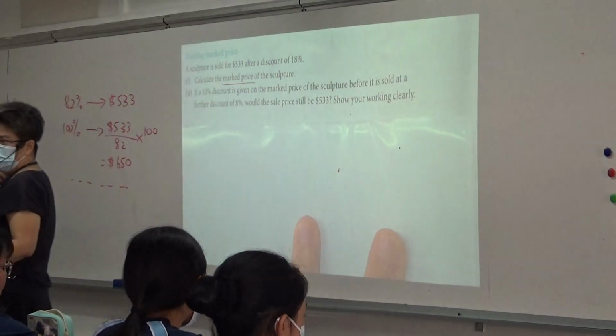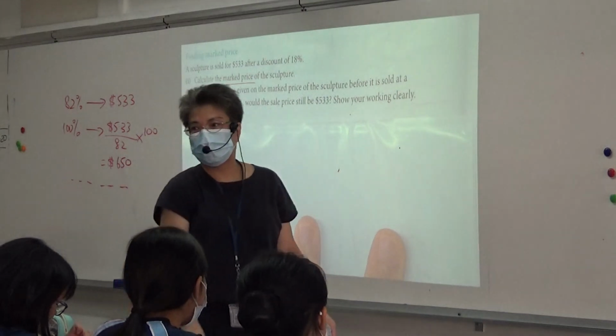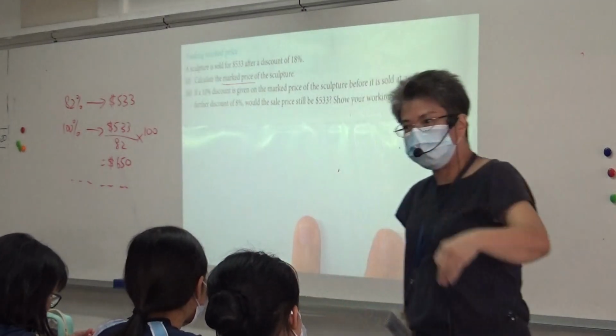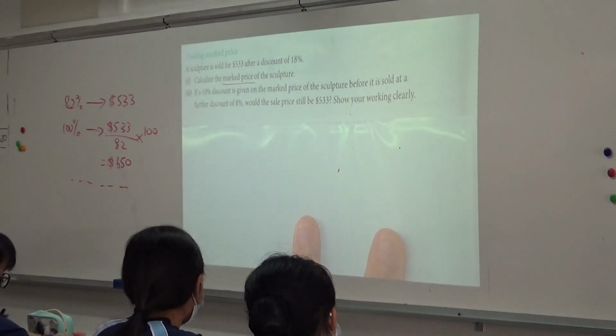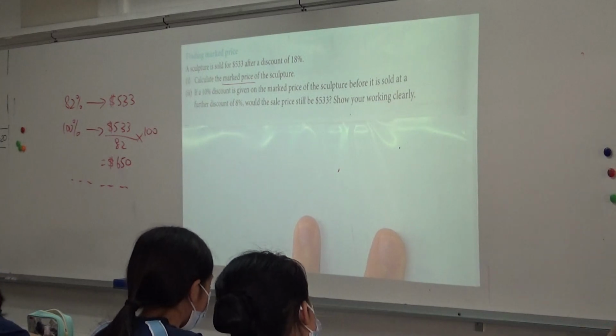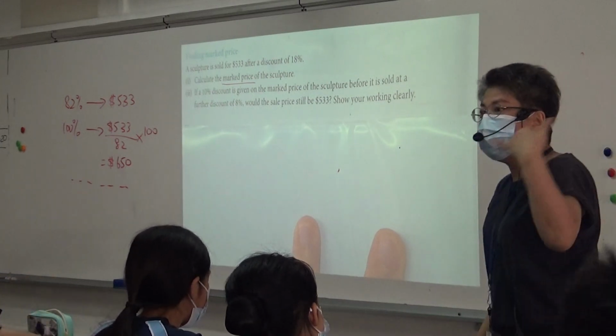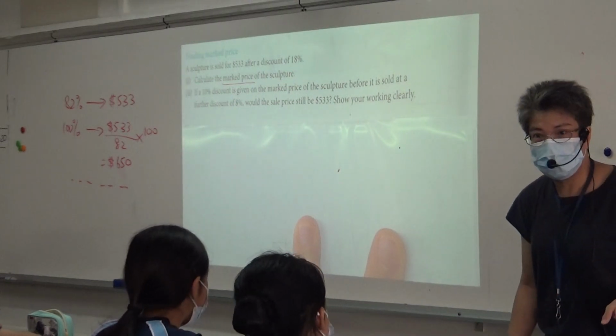Now, if I give you a 10% discount, and after that I give you another 8% discount, is it the same as 18% discount? No. Just like if a shop gives you 10% discount, if you're a member, then I give you 5% more discount. It's different. Am I right to say that?